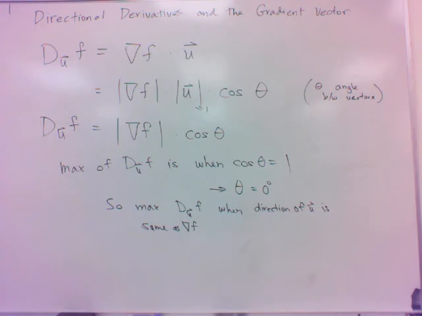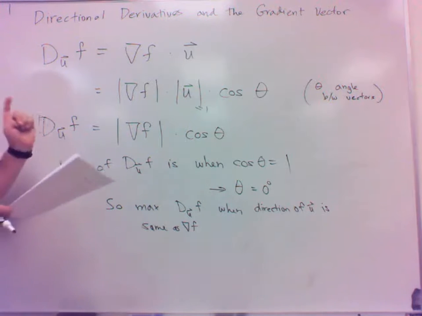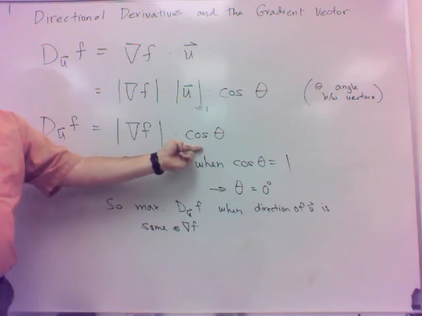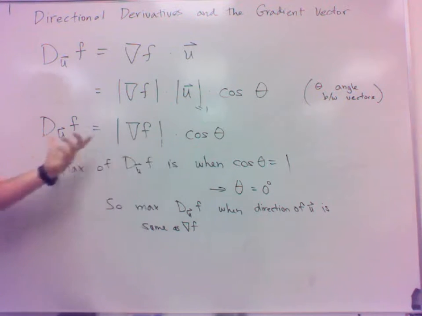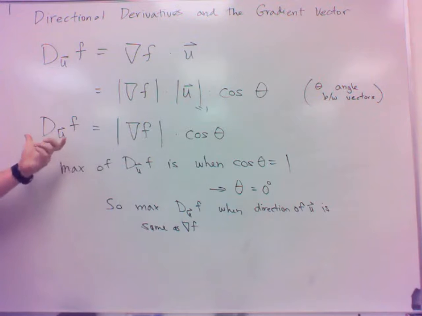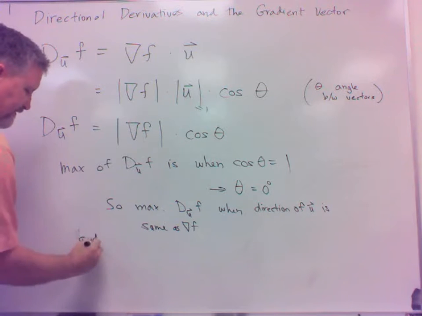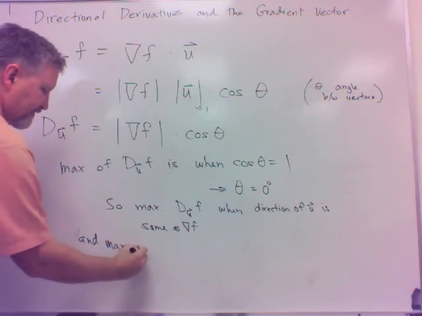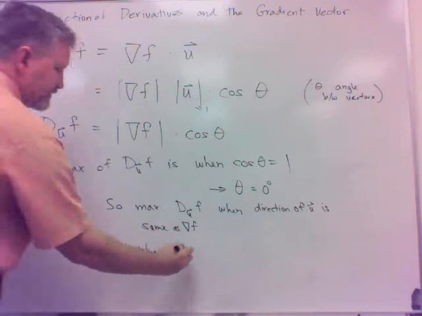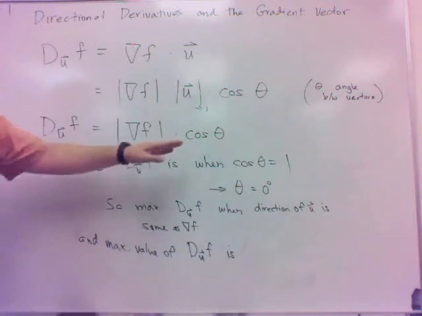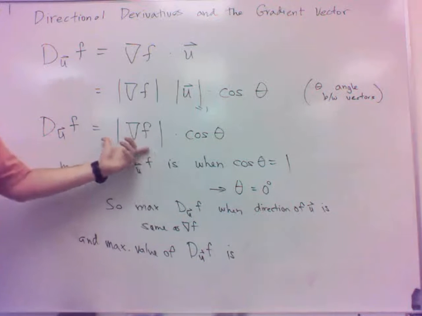Now, what this also means is that if cosine is 1, the maximum you can have there, then what is the maximum value of the directional derivative?